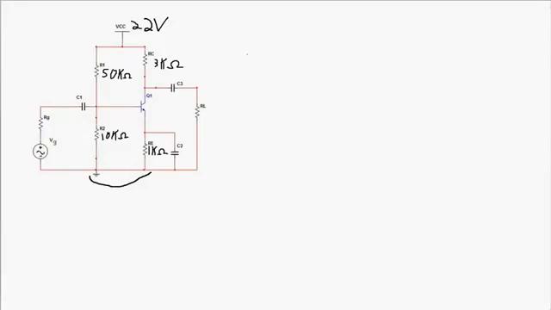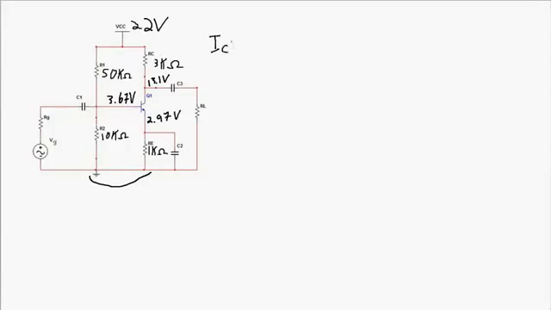So I'm not going to show all the calculations for the DC analysis, but what we would find is the voltage here at the base is about 3.67 volts. The voltage here at the collector is about 13.1 volts. The voltage down here at the emitter is about 2.97 volts.